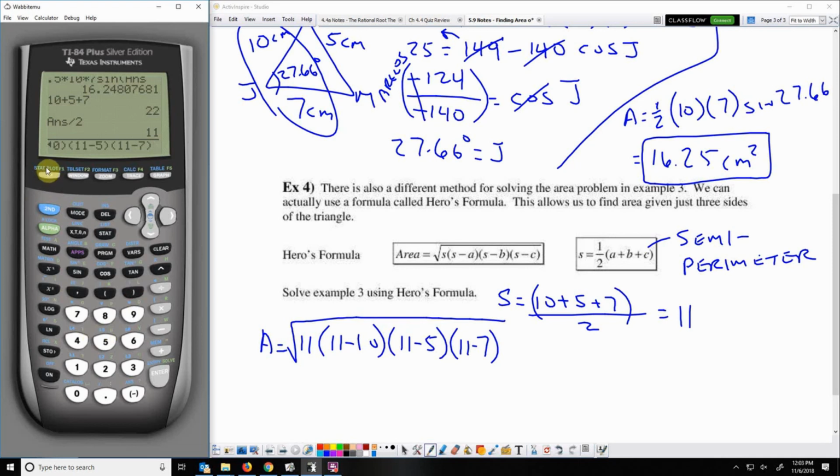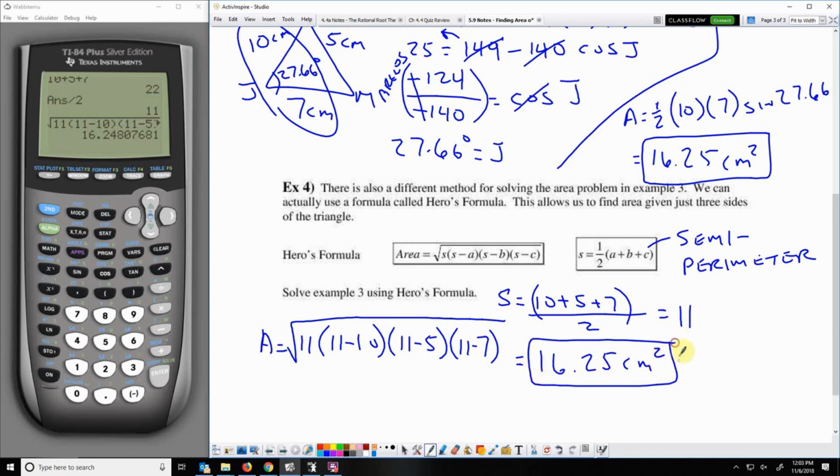Okay, to save a little bit of typing here, I could have just put in 11 times 1 times 6 times 4. So I get an area of about 16.25 centimeters squared. Okay, a little bit less work this way maybe, but I get the same area either way.